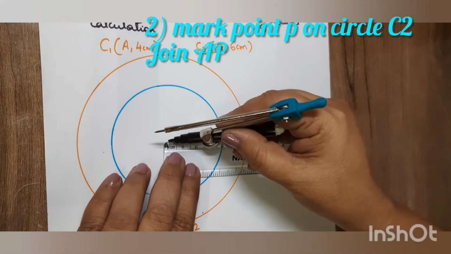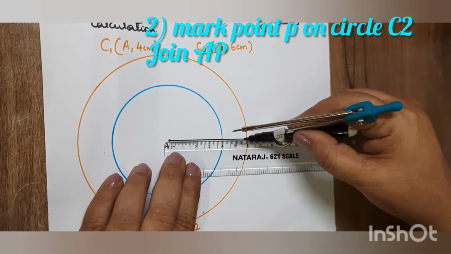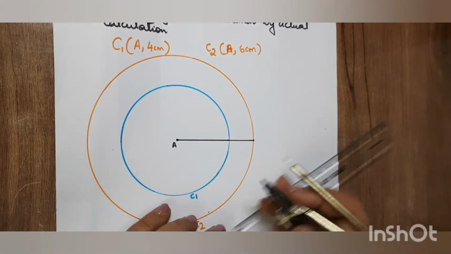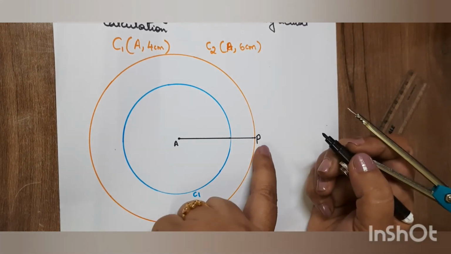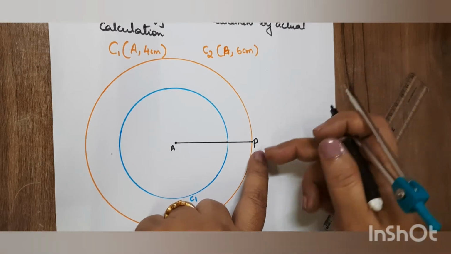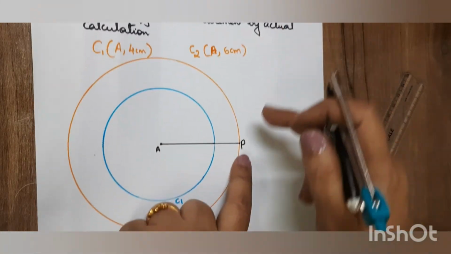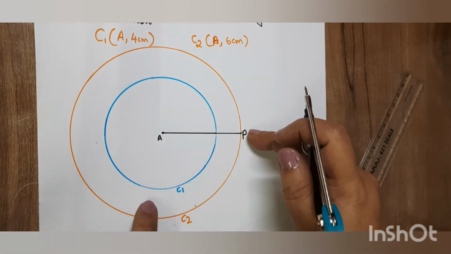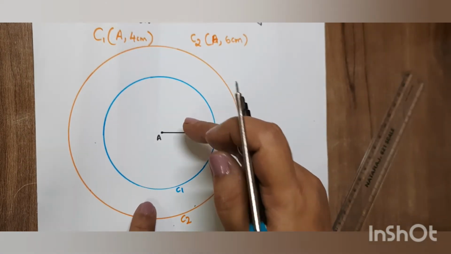This radius is 4. Since it is the same center, we extend it up to this point. So they say from the point P, just we are naming it as P, on the concentric circle, from point P we have to draw a tangent to circle C1. That is what is mentioned.